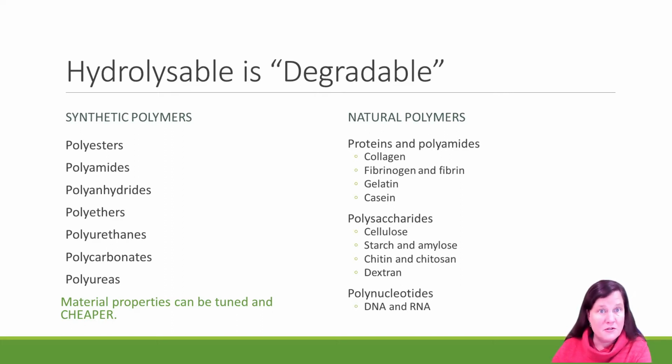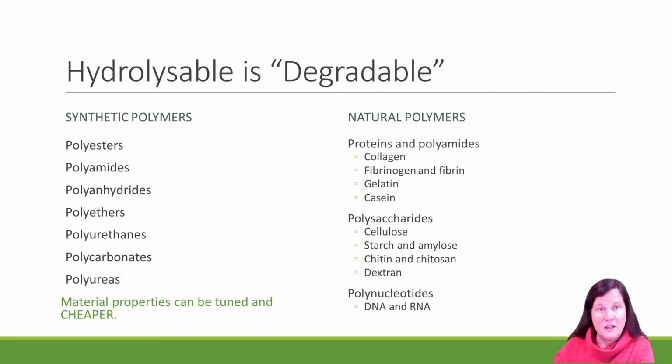And we can talk about two classes of polymers, synthetic polymers versus natural polymers. The degradation rates, the morphology, all of those things can often be more easily tuned for synthetic polymers.